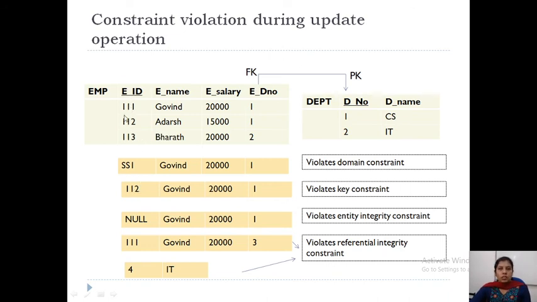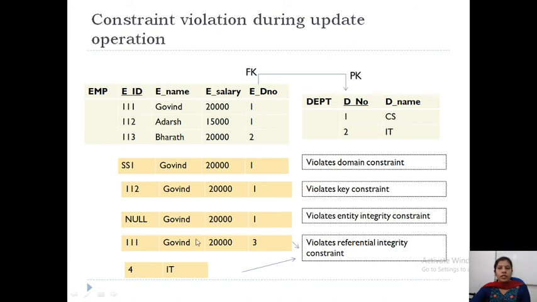So instead of 111, if I put SSI, it will violate the domain constraint. And for Govind, if I give 112, and 112 is already there, then it will violate the key constraint. Then if I put a null value for Govind, it will violate entity integrity.